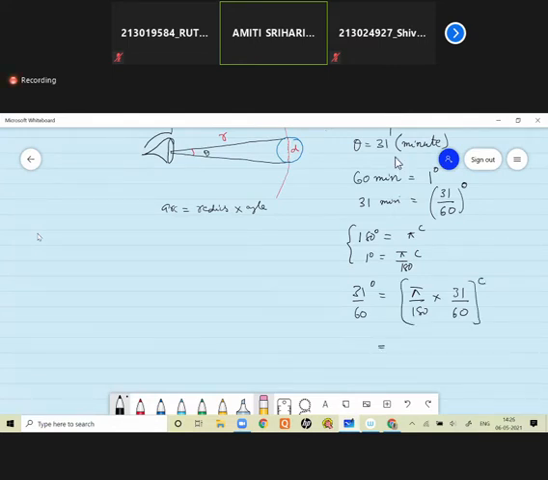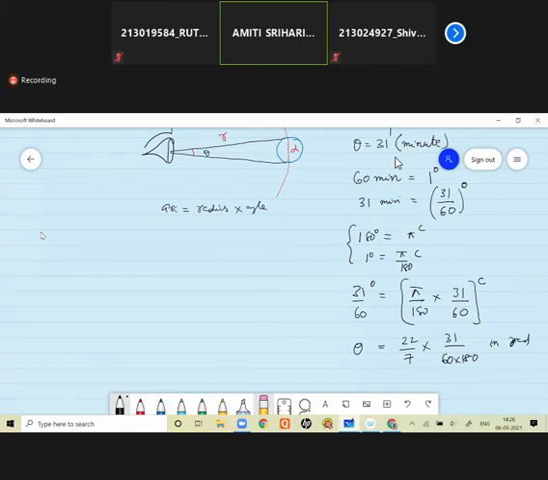So that is equal to pi, that means 22 by 7, into 31 by 60 into 180. So this is the angle theta in radians.